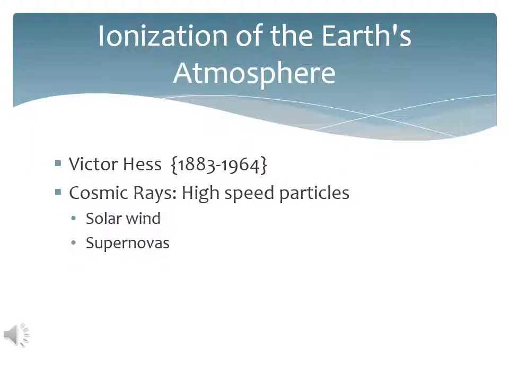Debris from supernova explosions flying through space isn't just something that happened billions of years ago. It's an ongoing phenomena. And we can recognize this phenomena through ionization of the Earth's upper atmosphere. Victor Hess and others investigated what they call cosmic rays. Something was coming from outside the Earth, slamming into the Earth's upper atmosphere, causing the formation of the ionosphere.